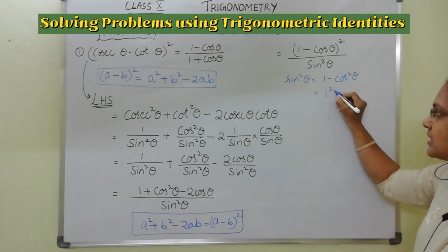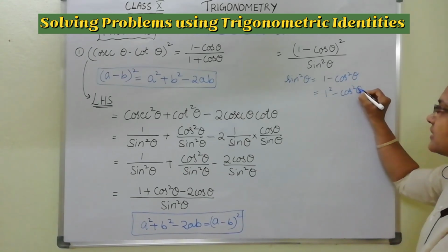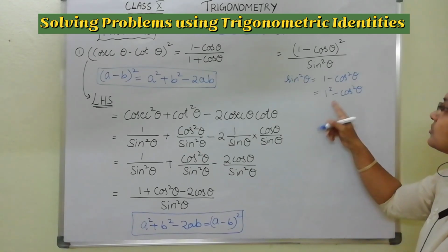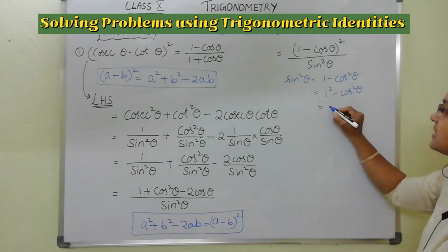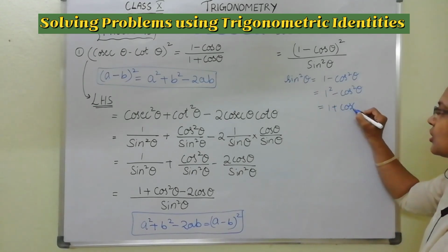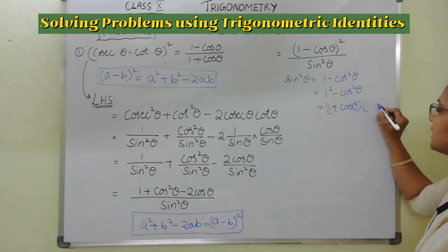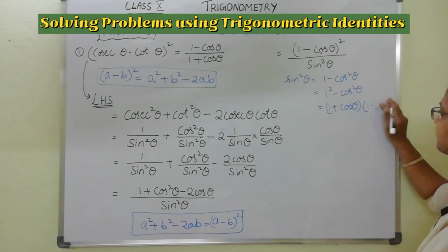We know the identity sine square theta is equal to 1 minus cos square theta, which can also be written as 1 square minus cos square theta. So sine square theta can be written as (1 plus cos theta) and (1 minus cos theta).